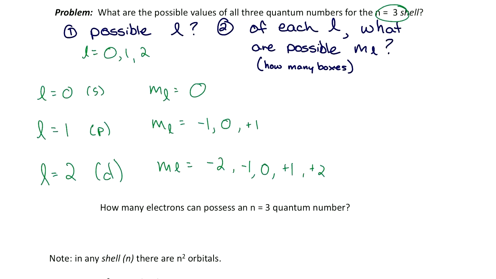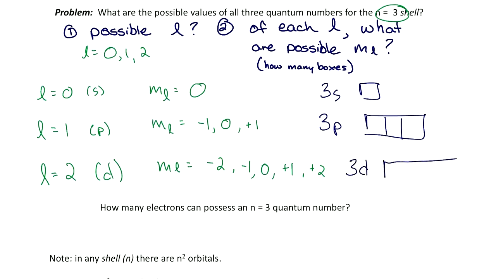So for a 3s subshell, it's just going to be 1 box. Then for our 3p subshell, I'm going to draw 3 boxes because there's 3 different orientations, 3 different orbitals. And then for our 3d, we have 5 boxes because there's 5 different orientations.